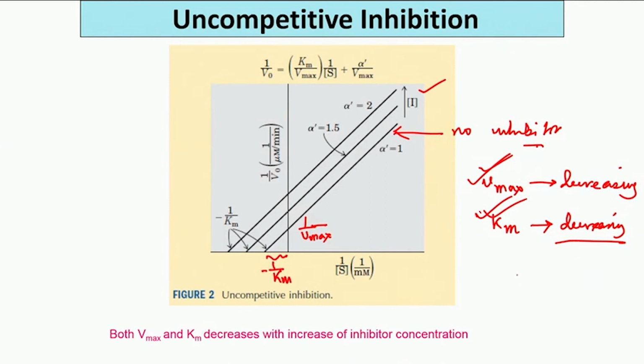You can say it like this: I said that there are basically two sites, but one restriction is there, that unless the substrate is bound here, the enzyme cannot get itself tied with the other active site.